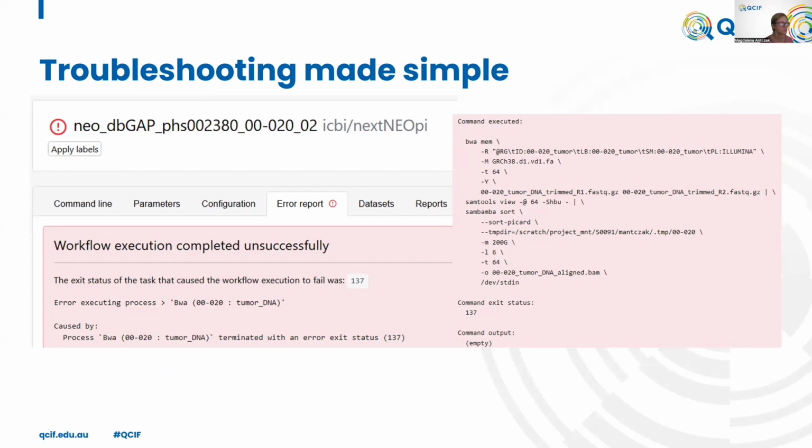But a lot of things you can already tell by just looking at the error report, the main log from the pipeline. Here we can see which task failed, what command it ran with, and what the command exit status was. You can judge a lot by that.